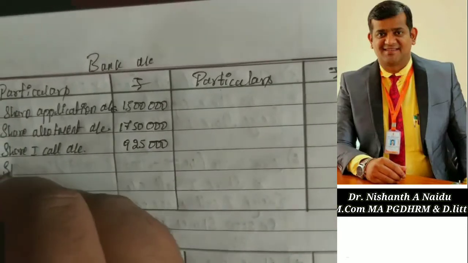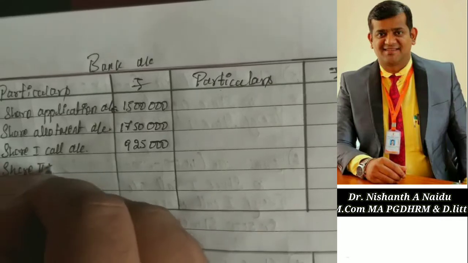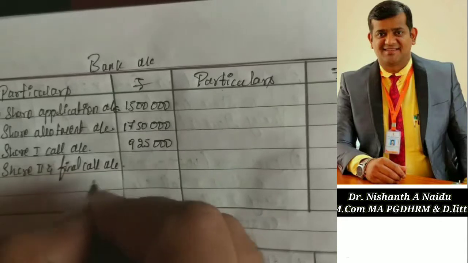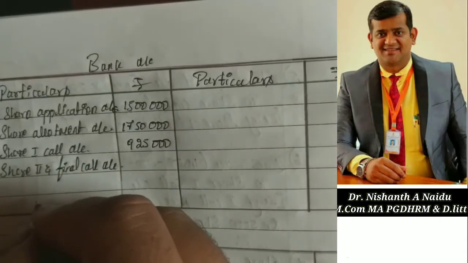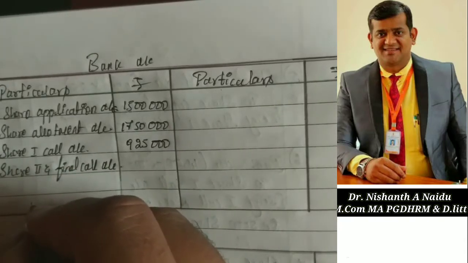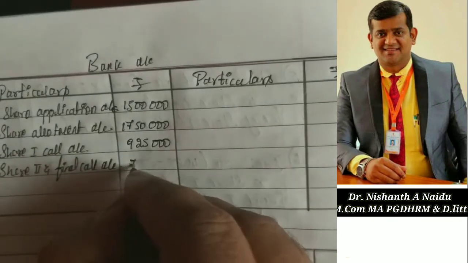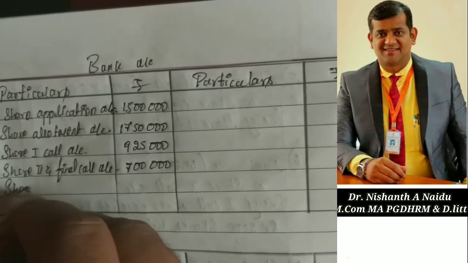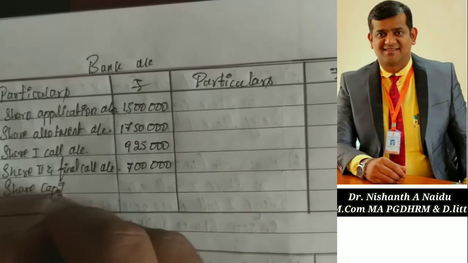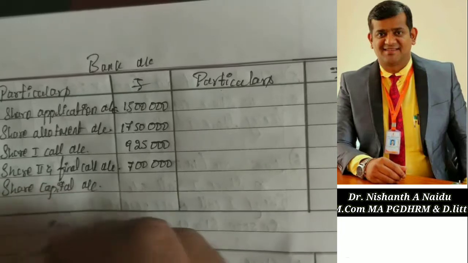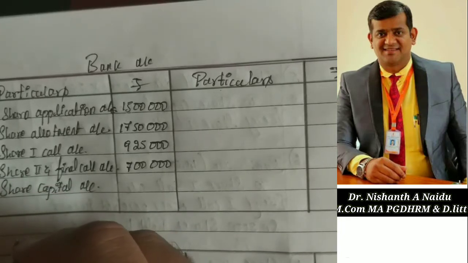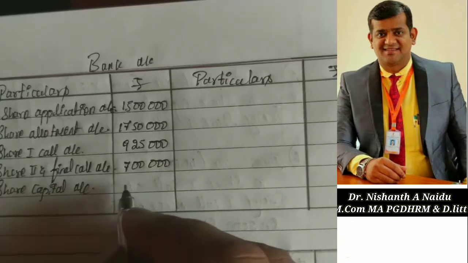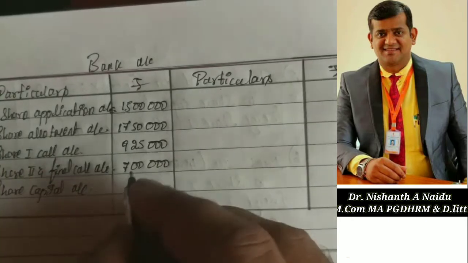Then share second and final call account, we have received 7 lakh rupees. Then to share capital account, that is the reissue entry, so how much we have received on reissue, that is 4 lakh rupees.